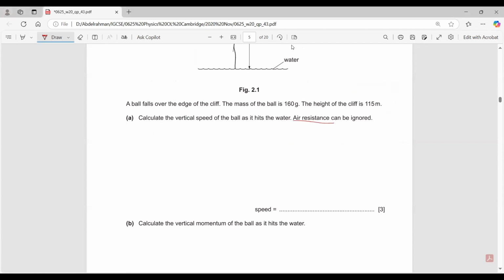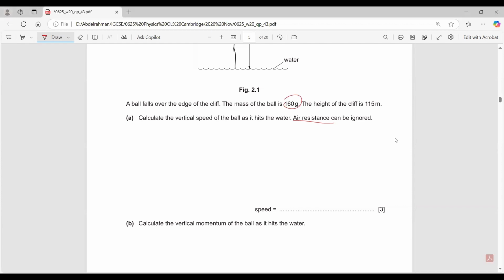So how can I find the speed? This is basically kinetic energy. For this question, you can say that all of the gravitational potential energy is converted to kinetic energy. Do I actually need the mass of the ball?